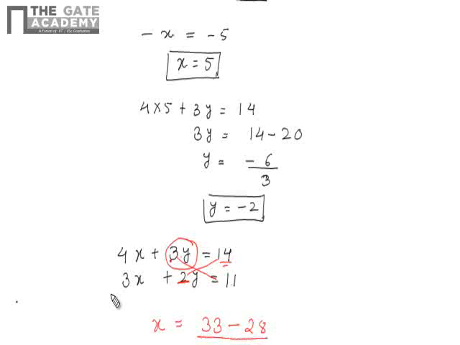Now to find the denominator, again you have to multiply these two coefficients, that is 9, minus these two coefficients, 4 twos are 8, which is equal to 5 by 1. Now 5, you got the value of x. Now you can put this value in any of the above equations and you'll get the value of y. So this is one good shortcut to find the answer for simultaneous equations.